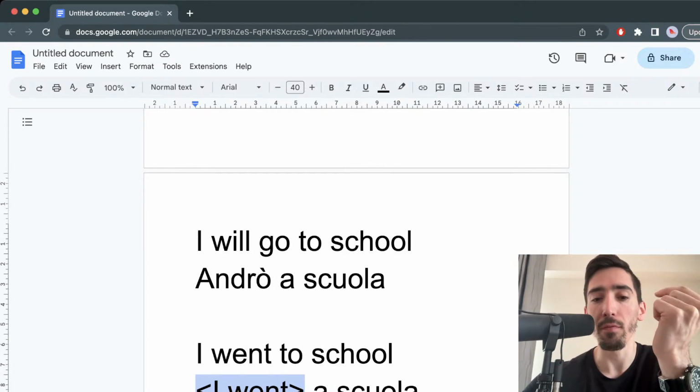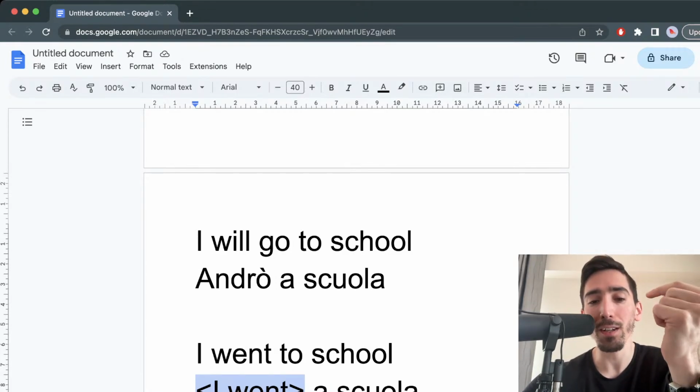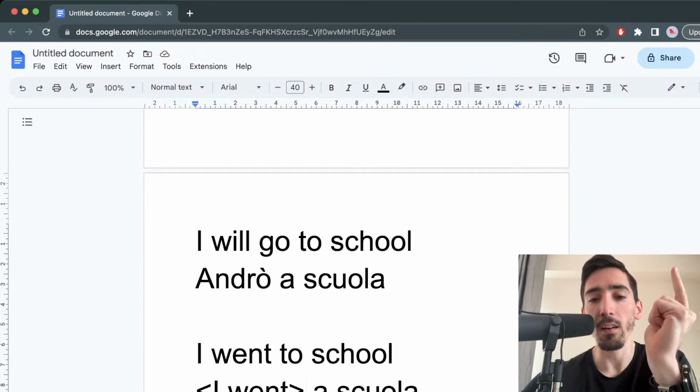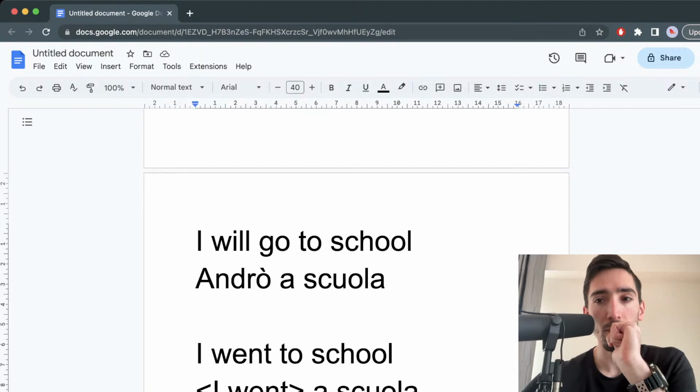The present perfect. So we're using the present perfect instead of the past simple. So what would be the present perfect first person singular? Exactly, Mark.